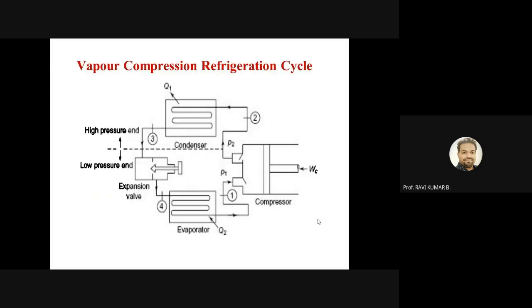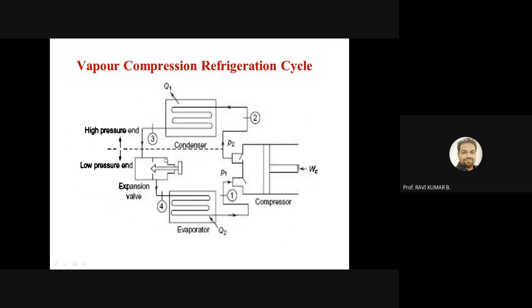So if we go for the next, that is called the Vapour Compression Refrigeration Cycle. This is also a cycle which works on the same concept of the reversed Carnot cycle. Here the components are: one compressor, followed by the condenser, then the low pressure throttle valve or expansion valve, and then the evaporator.